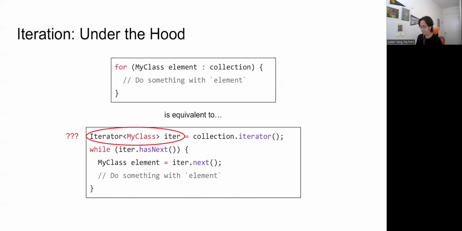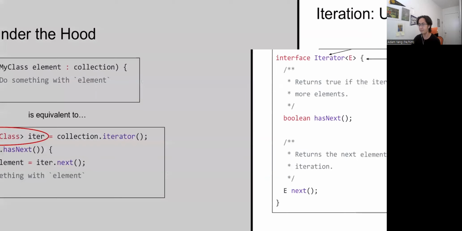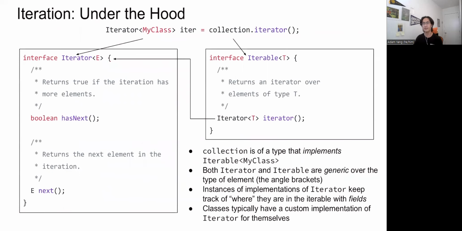So let's dive a little bit deeper into what exactly this iterator interface is. What must an iterator interface satisfy? What methods must it implement? If we take a look at iteration even more under the hood, we can see that our collection here must implement an iterator method if it wants to be part of the iterable interface.